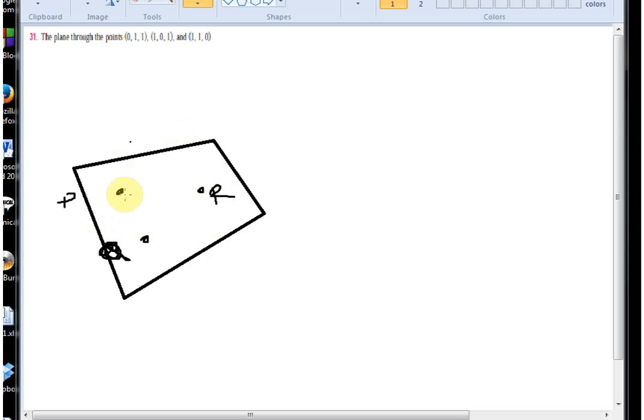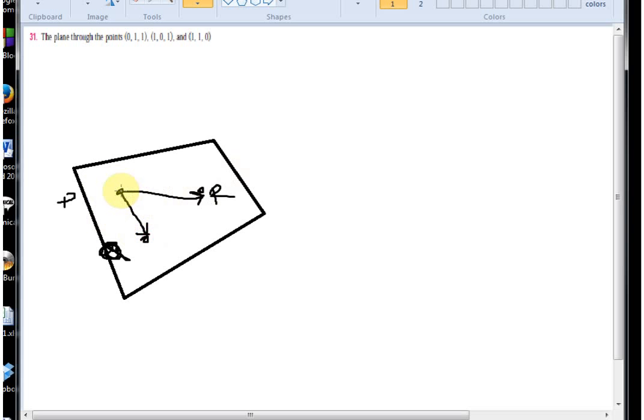So what we want to do to solve this problem is to find the vector between P and R and P and Q. And these two vectors will be parallel to the surface of the plane.